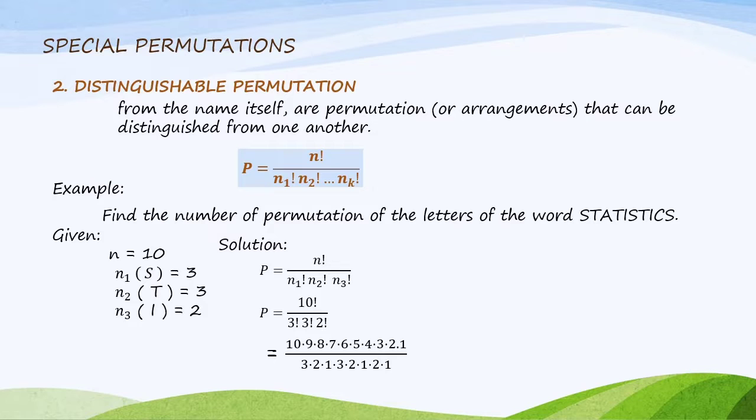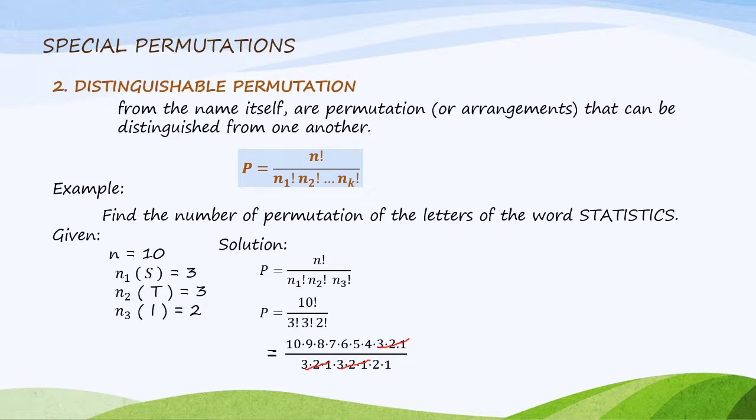Then multiply 2 factorial, so that is 2 times 1. And then simplify. So let us cancel 3 times 2 times 1, and then 3 times 2 times 1. So that is equal to 6.